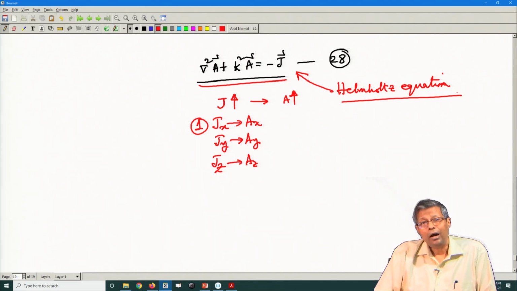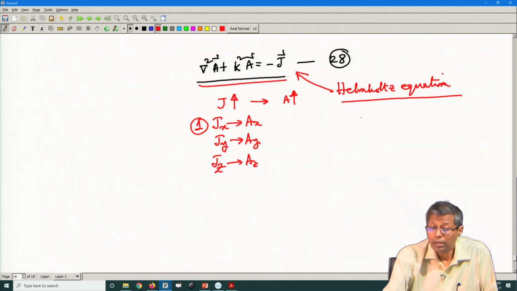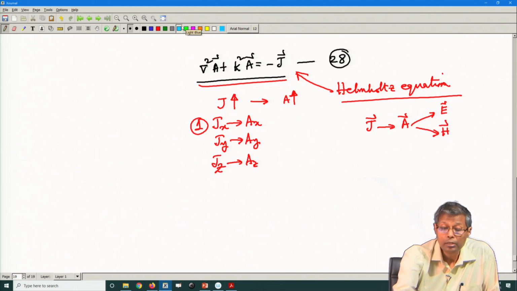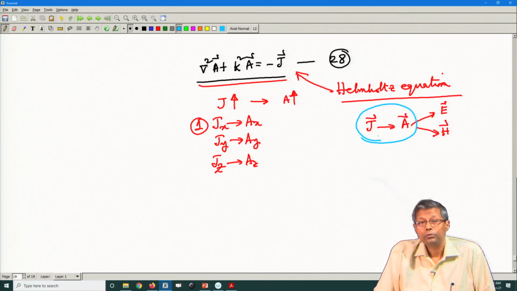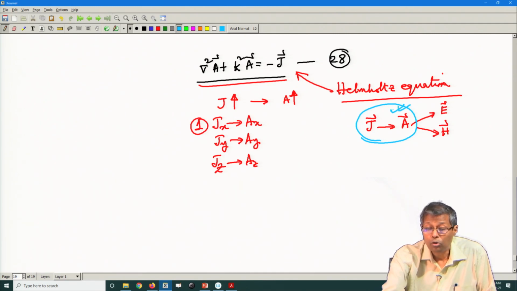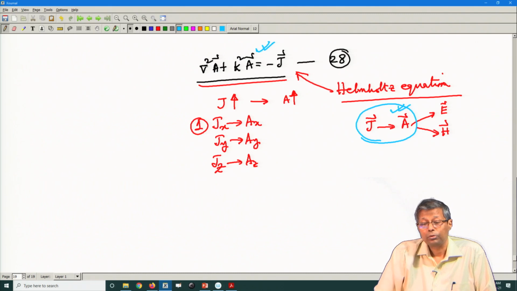Now, in a field computation problem, as you can see in this architecture, we go from J to A to electric and magnetic field. As I told you, this is the step which takes the maximum amount of resource. In fact, this step is the solution to the Helmholtz equation.